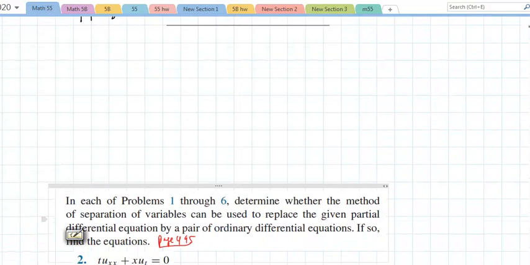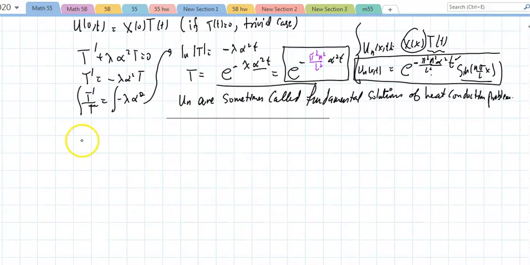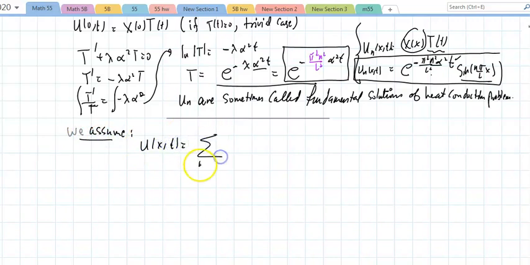Now, we assume u of x,t equals the series n equals 1 to infinity c sub n times u sub n of x,t, which is the series n equals 1 to infinity c sub n, and this we already found.